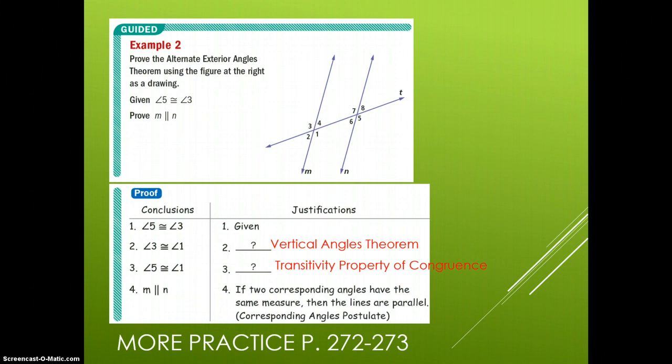And they are corresponding. So if two corresponding angles have the same measure, then the lines are parallel. That's our corresponding angles postulate that we just looked at. So the crux here of being able to prove that M is parallel to N is once we've got angle 5 congruent to angle 1, once we've got corresponding angles being congruent, then we can make that leap by the corresponding angles postulate to say that the two lines are going to be parallel to each other.